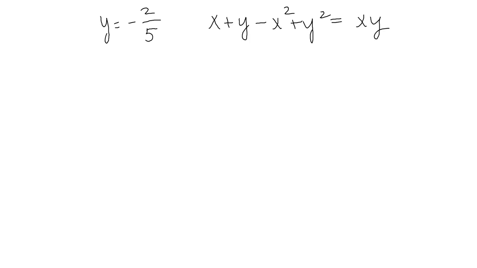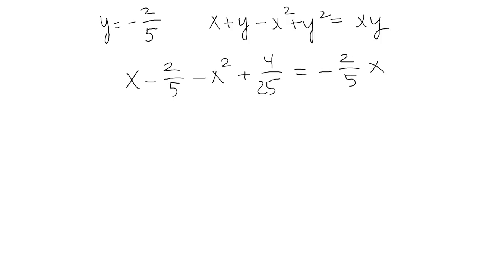If I plug in negative 2/5 into that, we're going to get x minus 2/5 minus x squared, and then plus 4/25 when I square it, is equal to negative 2/5 x.